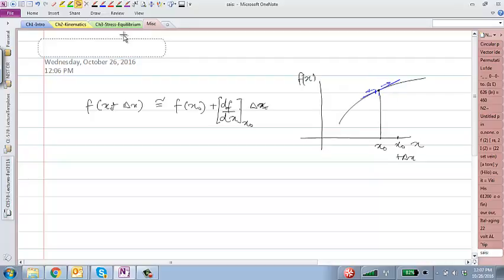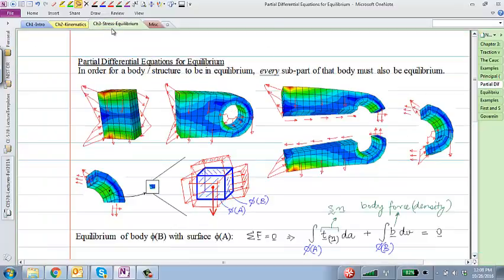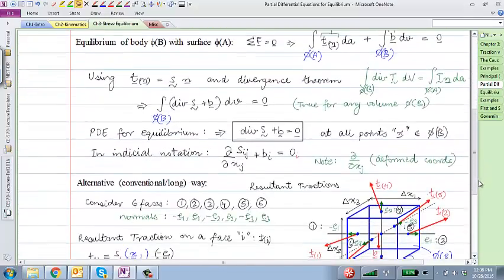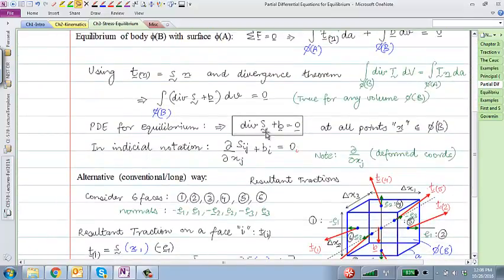Okay, maybe what we'll do is talk about this offline if that's not clear. What I was trying to say here was that we are not really comparing tractions directly with tractions directly on either side of a face.